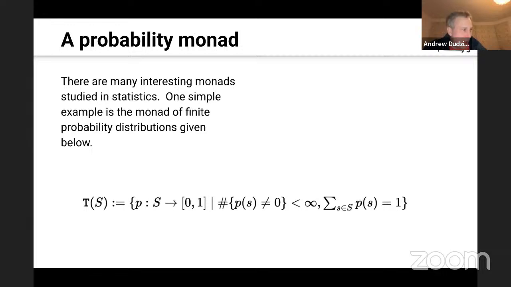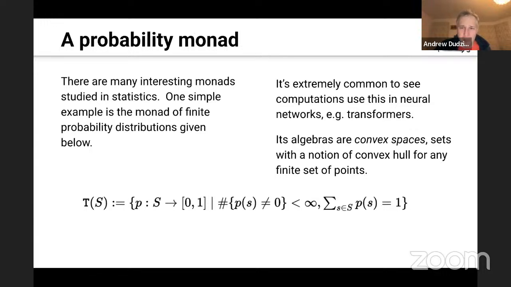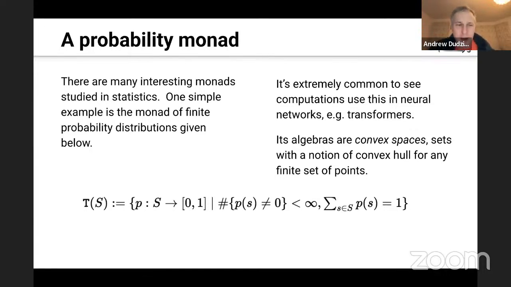So this is a monad, which is a fun exercise because you have to think, well, how does an element give you a measure? And then how does a measure of measures give you a measure? There are many things that have this flavor, but this kind of monad really seems very interesting to study in probability and statistics. In fact, it comes up in neural nets.